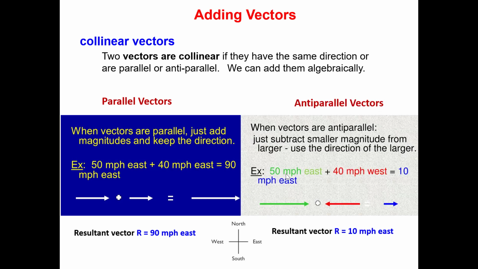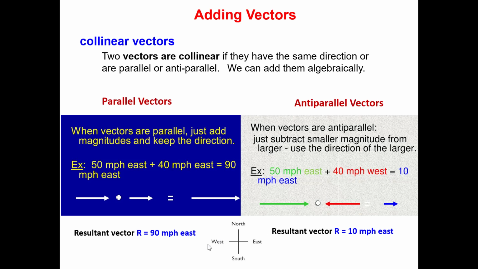Then what happens if the vectors are anti-parallel? In that case, we subtract the smaller magnitude from the larger magnitude, and we use the direction of the larger vector. For example, we have 50 miles per hour east, in this direction. Then we have 40 miles per hour west.